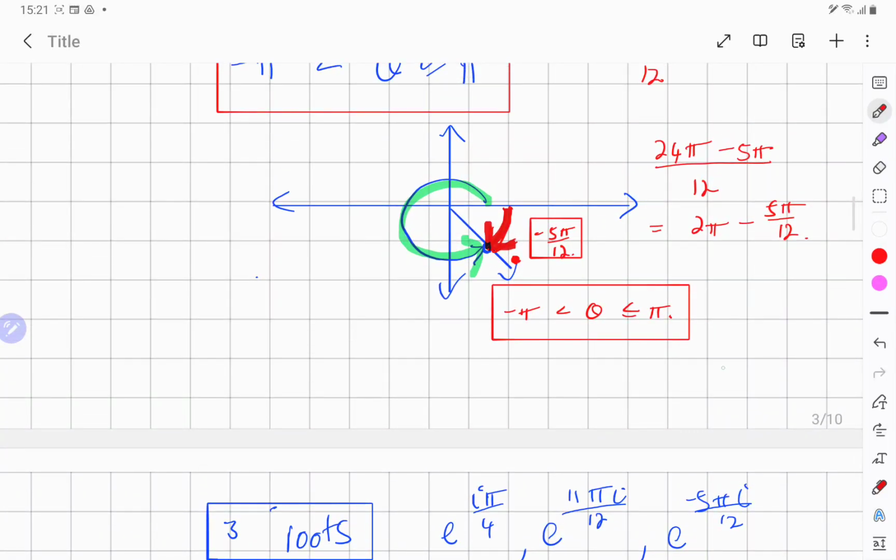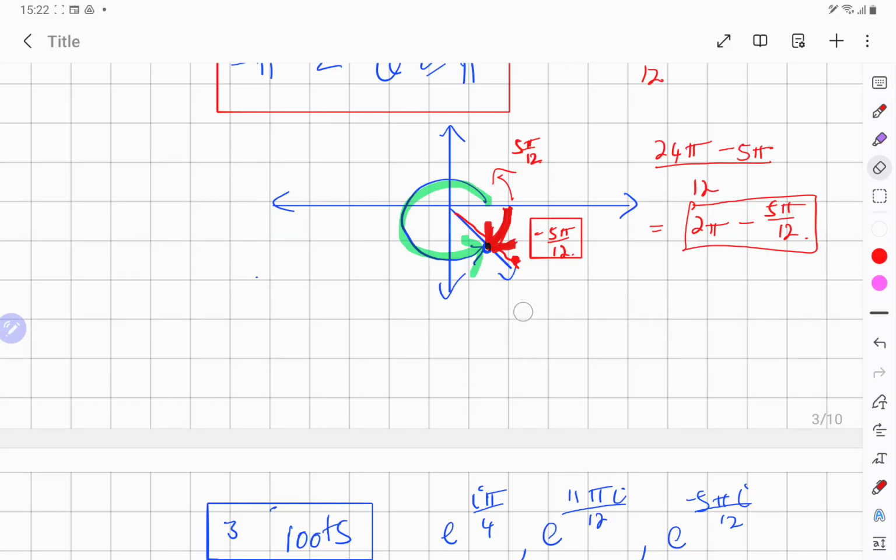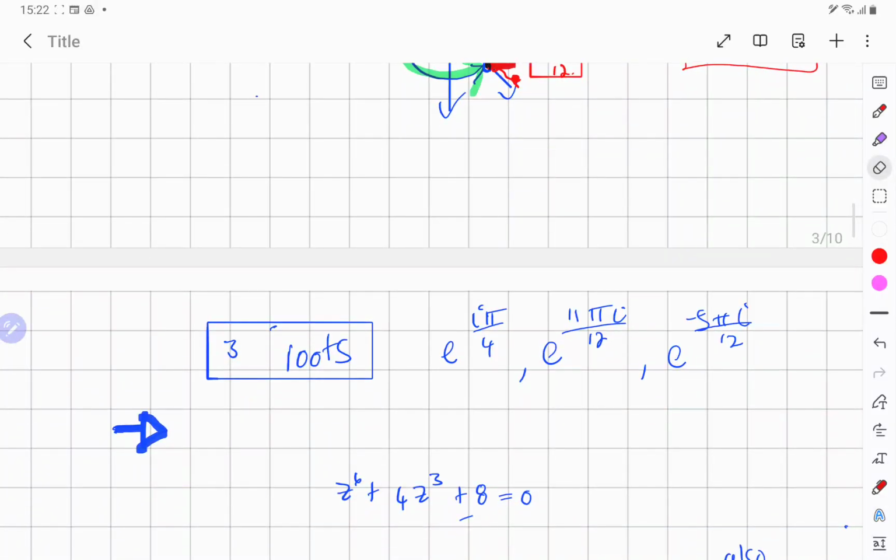So you are fine with the minus 5 pi over 12. Just remember, why is it minus? Because 5 pi over 12 will be on this side. This is 2 pi minus, so if I'm here, I know that is negative 5 pi over 12. Very important.